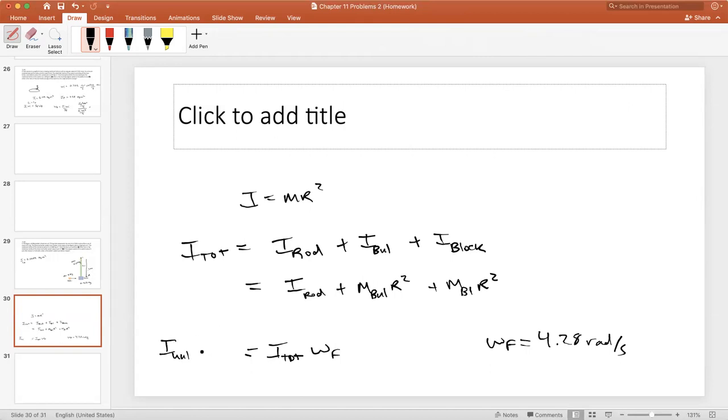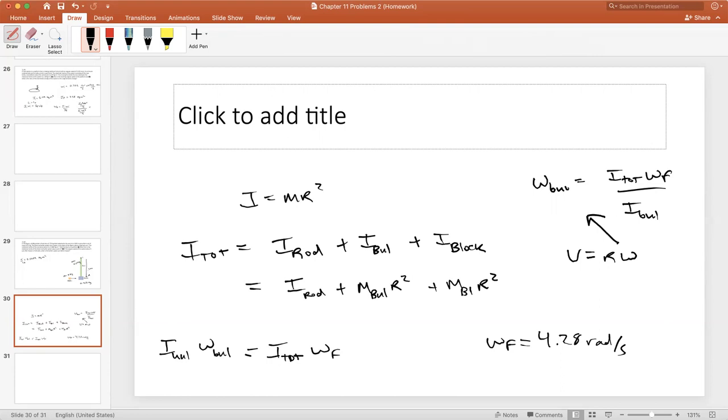So I of the bullet times omega of the bullet. Omega of the bullet is I total omega final divided by I of the bullet, so m of the bullet times r squared, where r is the length of the rod. Furthermore, if we want v, I don't remember if the homework asks you for v or for omega, we can recall that v is just omega times r.